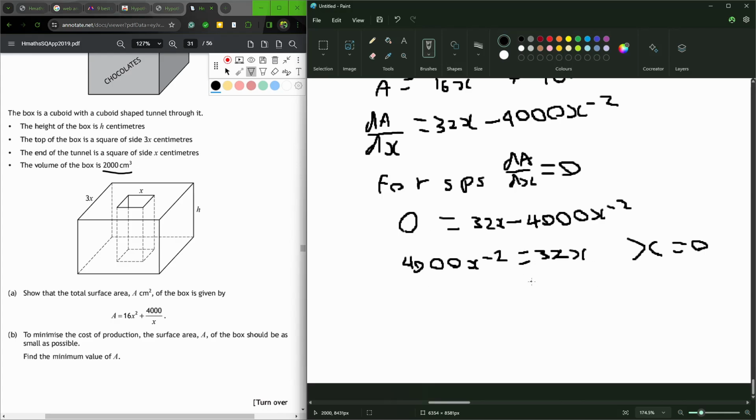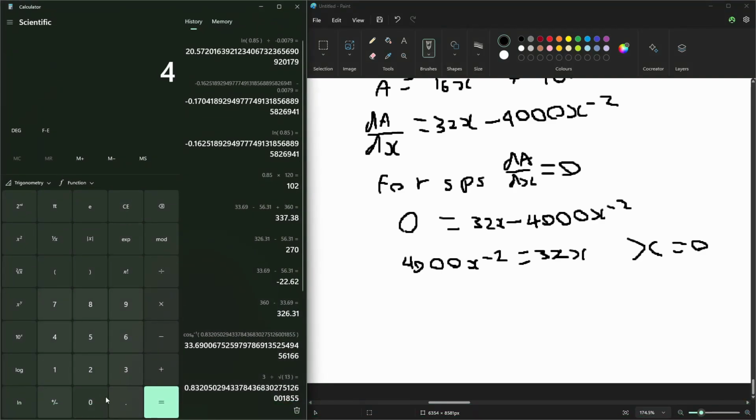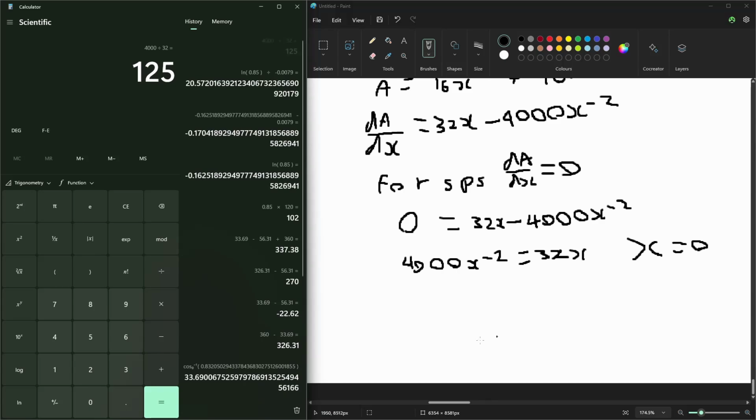So x can equal 0, but I'm going to divide everything by 32. Let's pull out the old calculator here. My brain's fried after this whole nonsense. But I know 4,000 divided by 32 gives 125, so 125 x to the minus 2 equals x. Almost there.